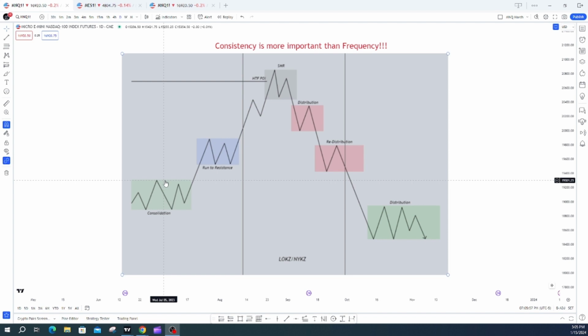This is a very consistent model, if you will. ICT calls this a model because it repeats itself in price. You'll be able to see it as we go throughout our overview today. But essentially, this is the ICT market maker model.